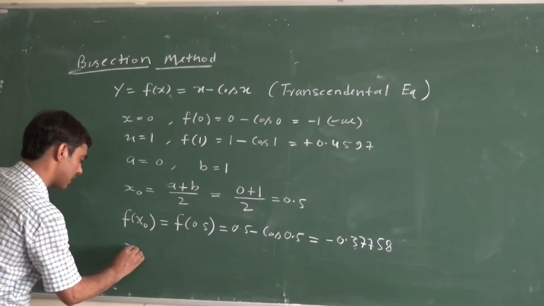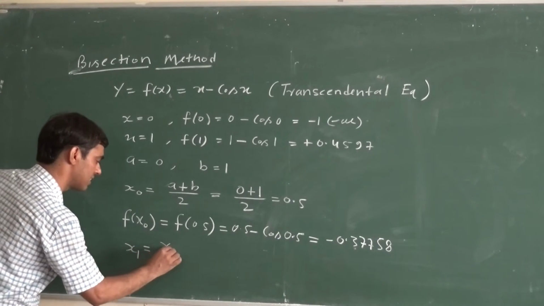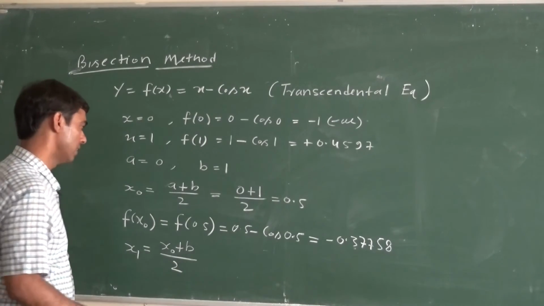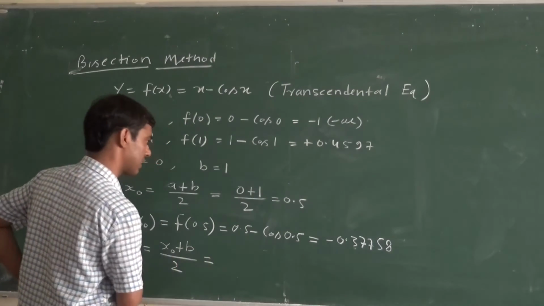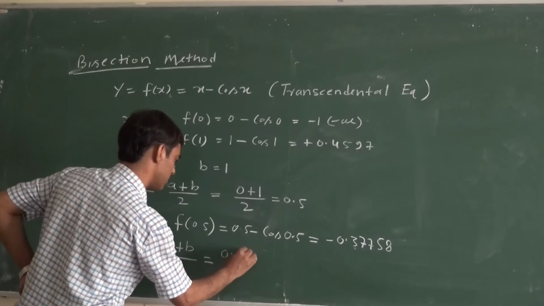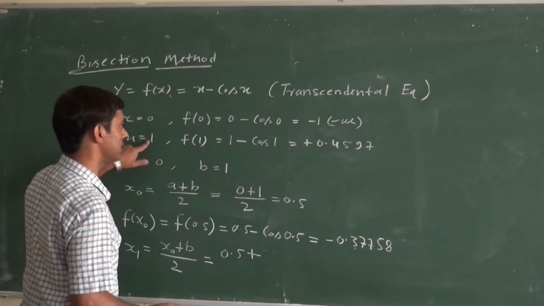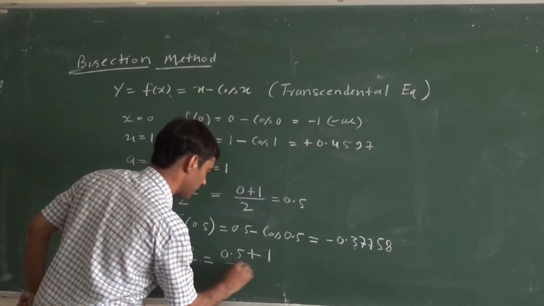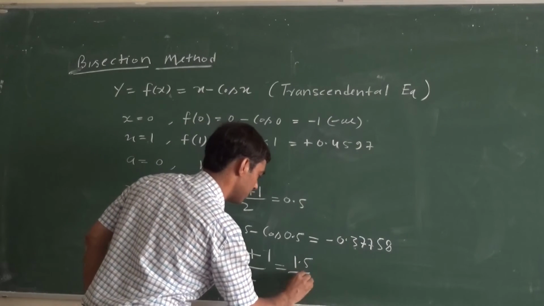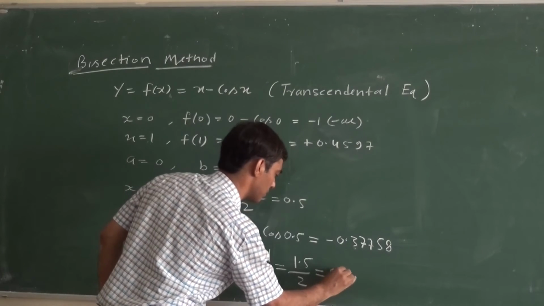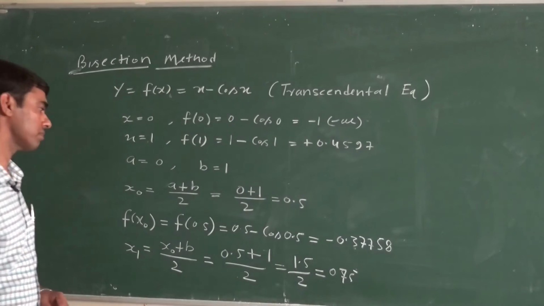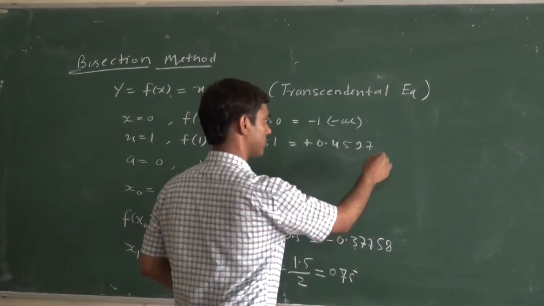So what is the value of x1? x1 is (x0 plus b) by 2. x0 is 0.5, plus b is 1, divided by 2. This is 1.5 divided by 2, which is 0.75.